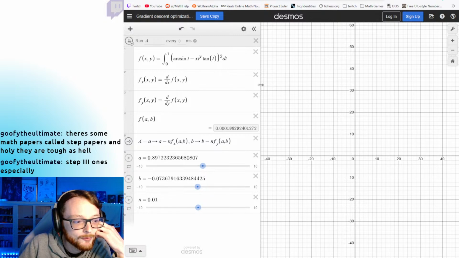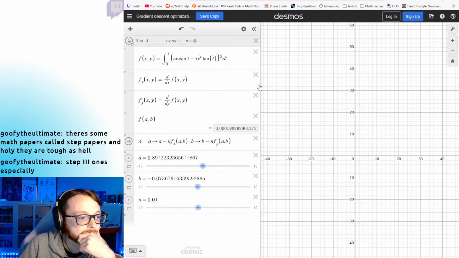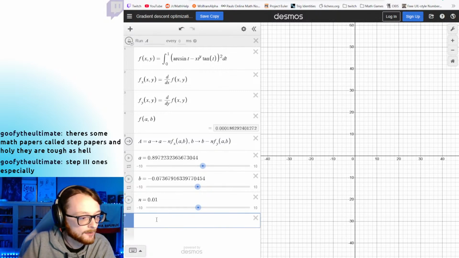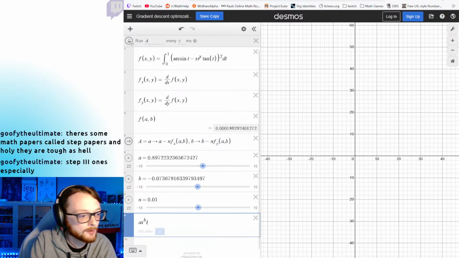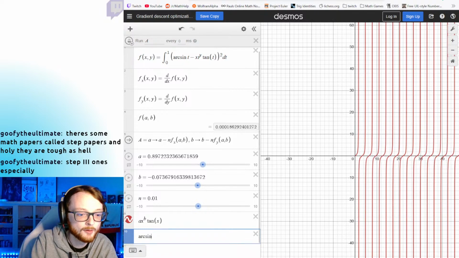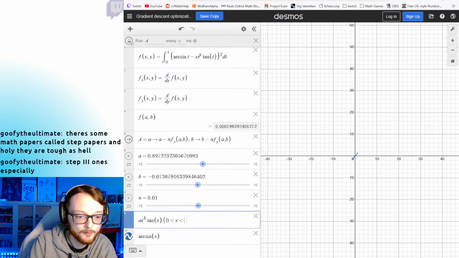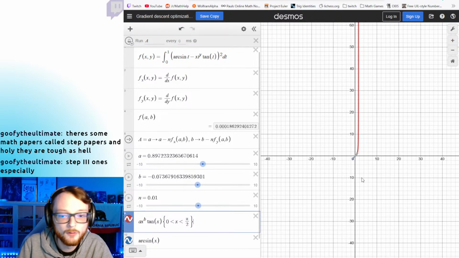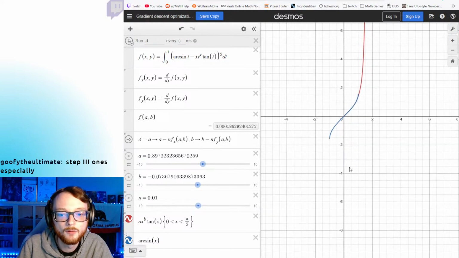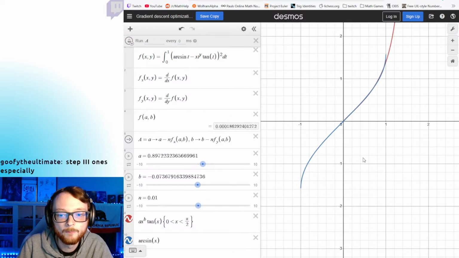Called step papers. Oh, I haven't heard of those then. Ax to the b, tan x and arcsin x. Let's make this a bit simpler. Did I mess up the interval?